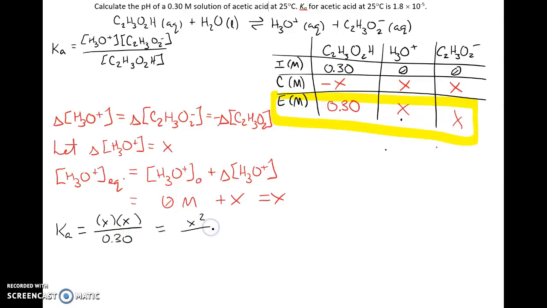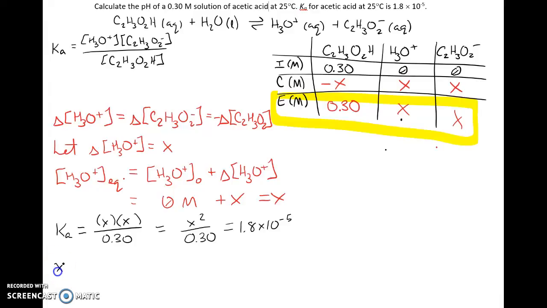So Ka equals x squared over 0.30. And we are given a value for the acid dissociation constant of 1.8 times 10 to the minus 5. Now we have one variable that we have to solve for.